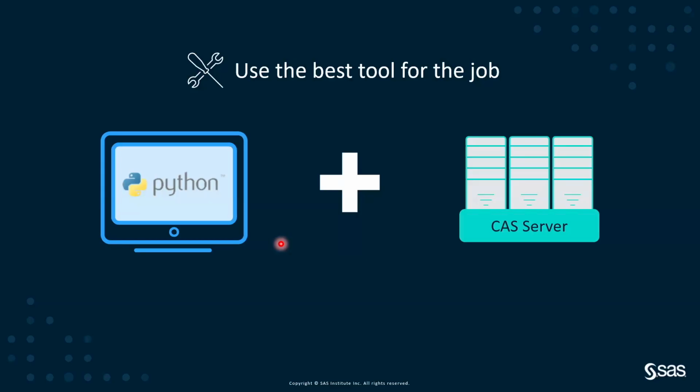If there was no integration, then it would be a Herculean task to convert all that Python code to SAS first, and then what to do with all the Python skills of the company that got acquired. But with integration, the people who know Python still remain. The code that has been written is still there. Only for the processing part, reducing time, and taking advantage of scalability and parallel processing, we bring in CAS. So the idea is we use whatever is the best tool for the job. Integration actually helps in achieving this.